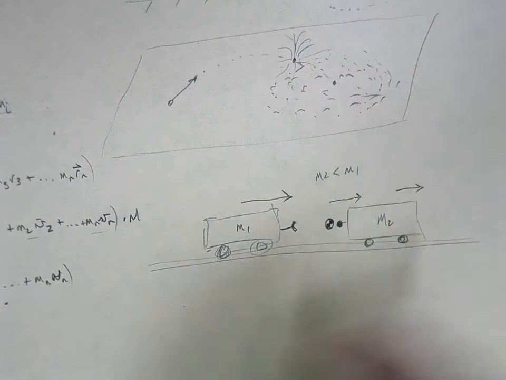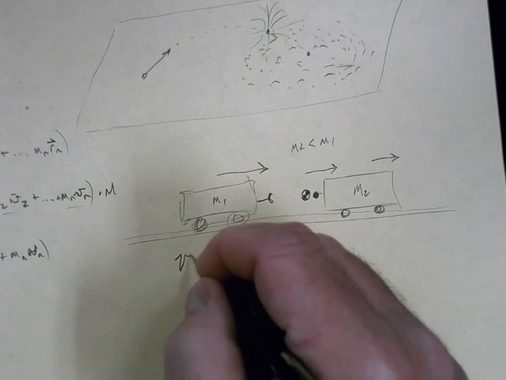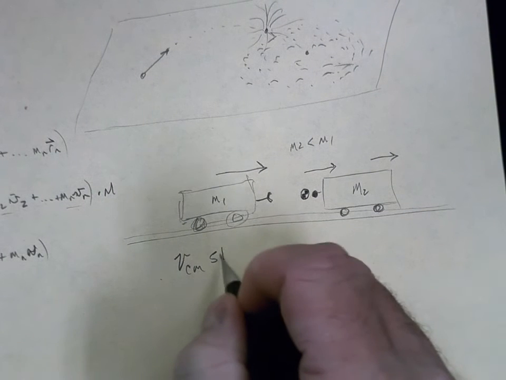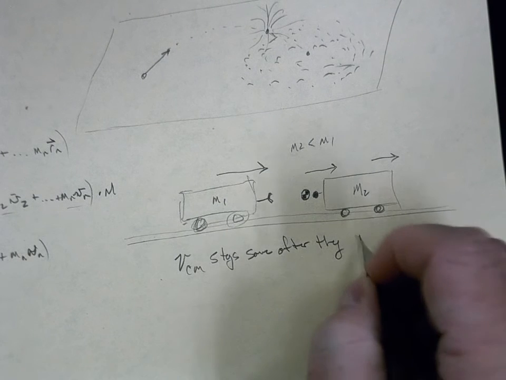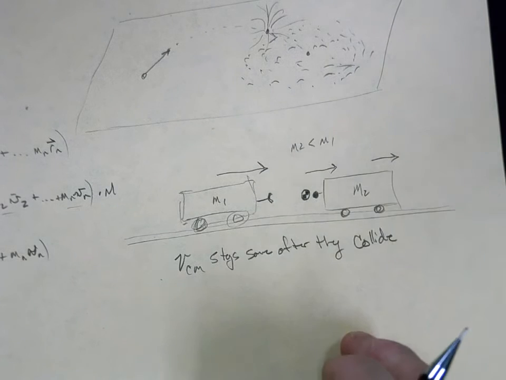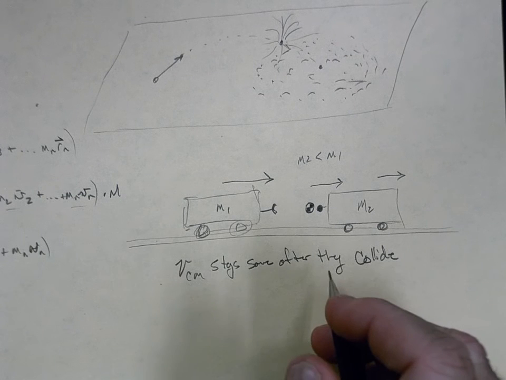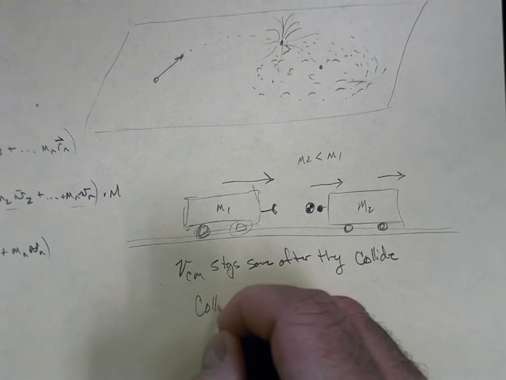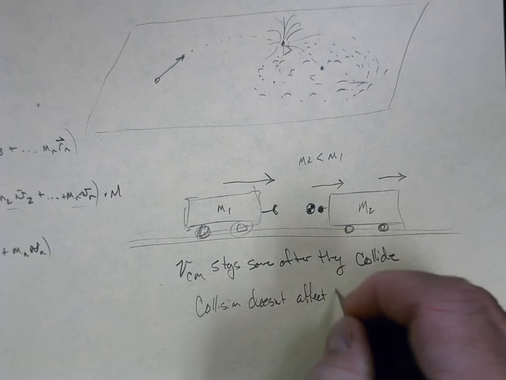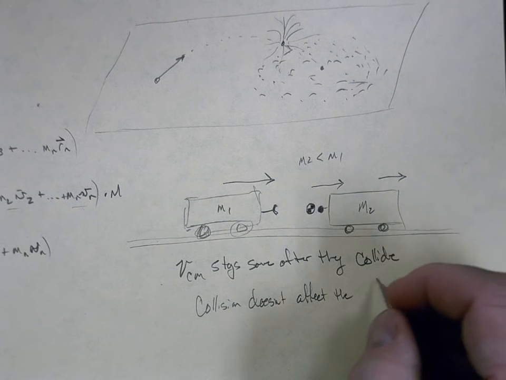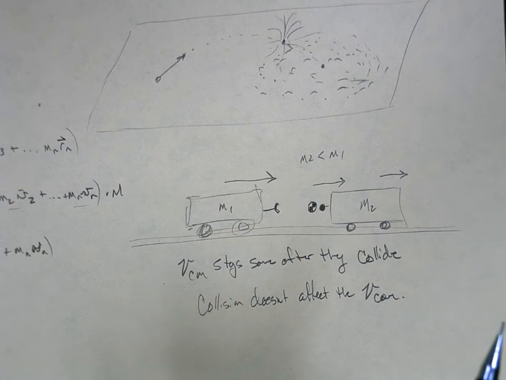Even when they collide, because this one's going to catch up to that one, the velocity of the center of mass is going to stay the same after they collide, because the collision doesn't affect the velocity of the center of mass, it just affects the mutual velocity of the two particles.